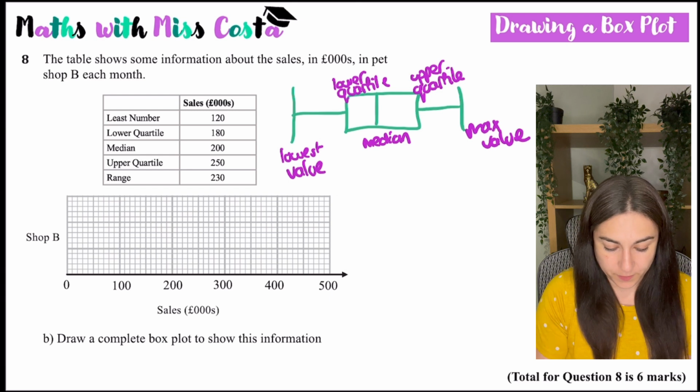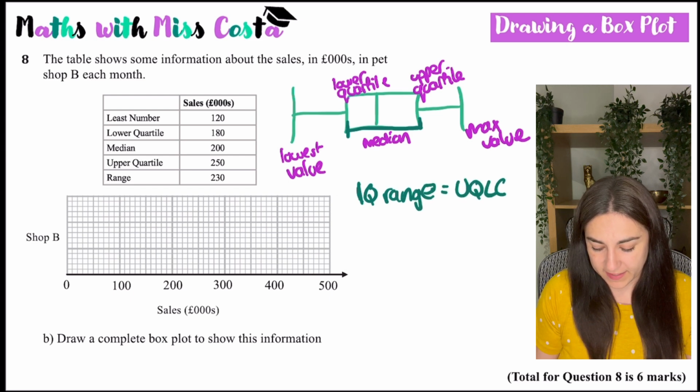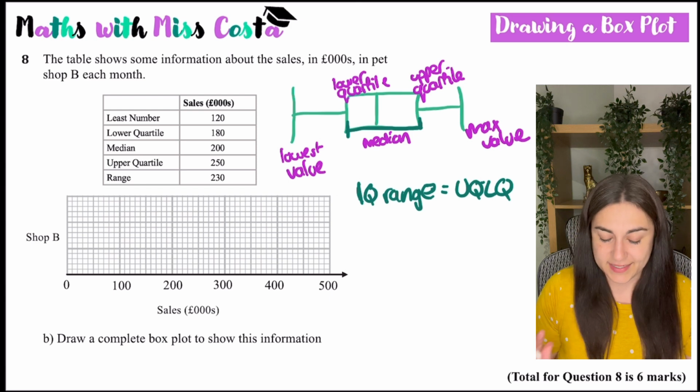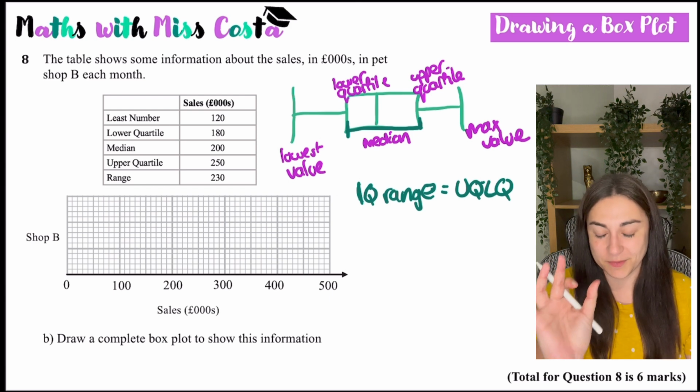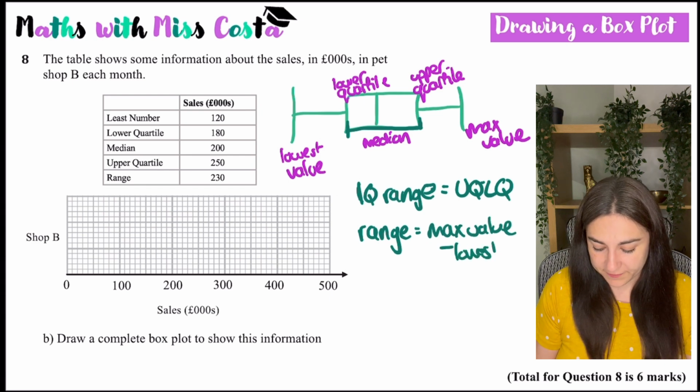And this middle piece of data over here, the interquartile range, is the upper quartile take away the lower quartile, and it tells you the middle 50% of the data, and your total range is going to be your max value, take away your lowest value.